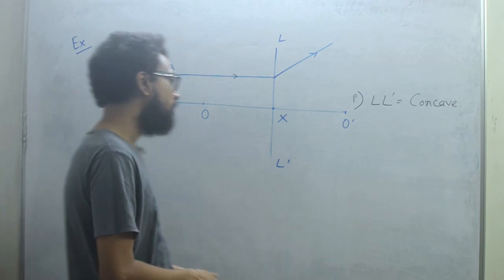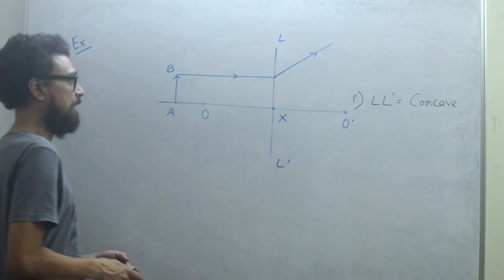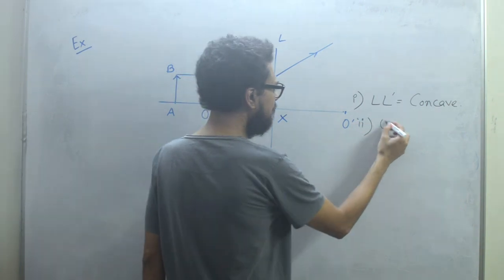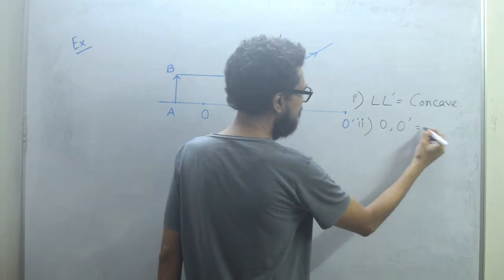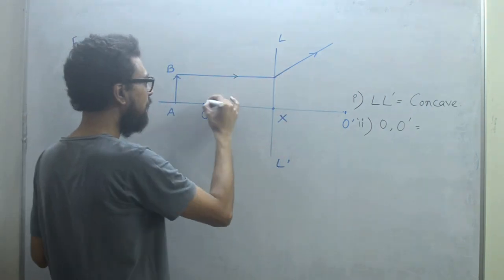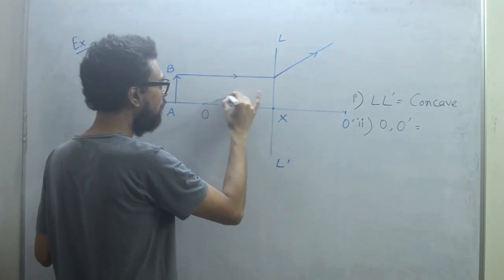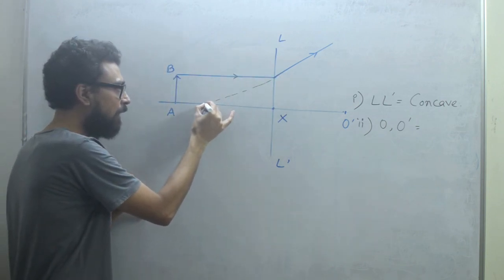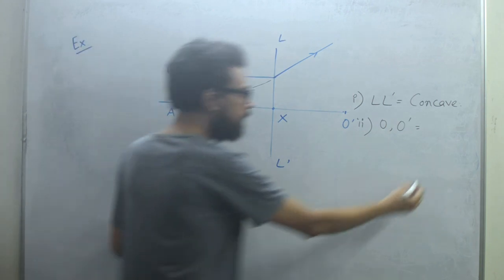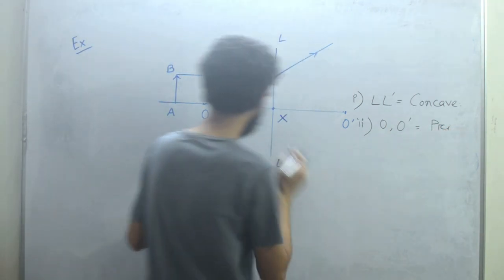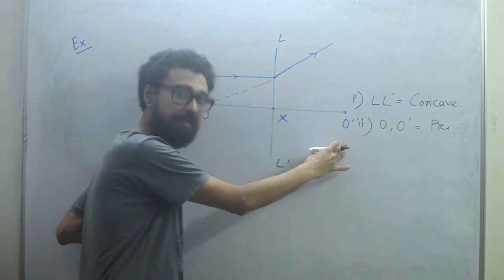Okay, great. Now the second question they asked is a very important one: what do the points O and O' suggest? You can see if I join this and produce it backward, it comes and makes a point O. Since O is the principal focus, O' will be the secondary focus.